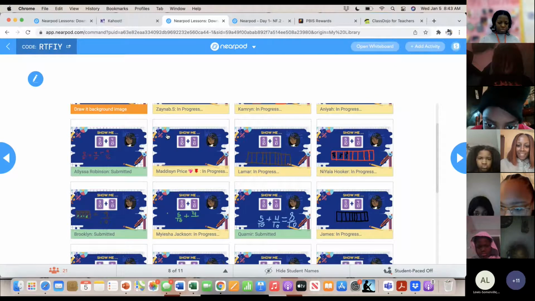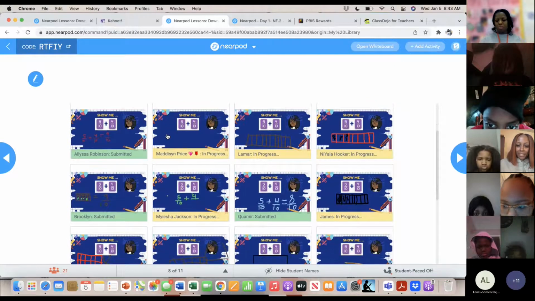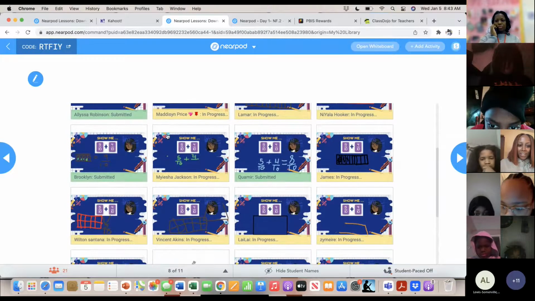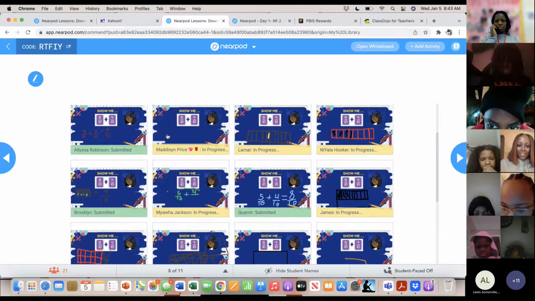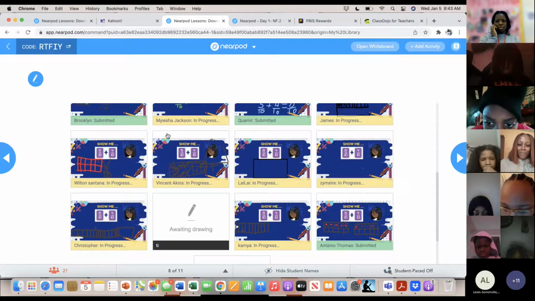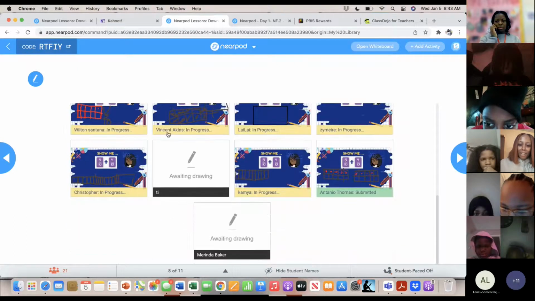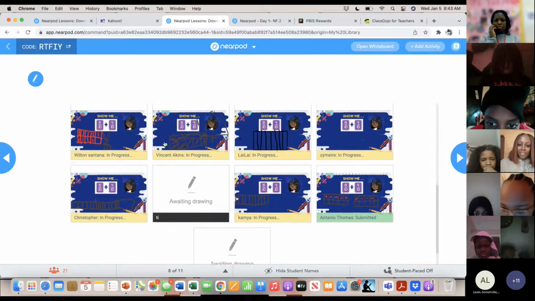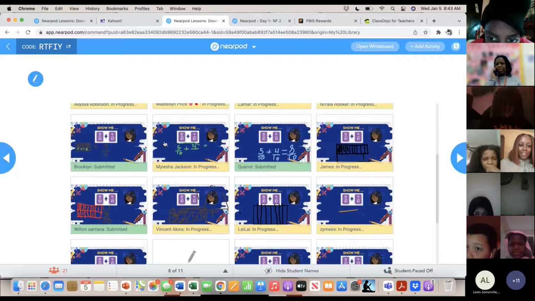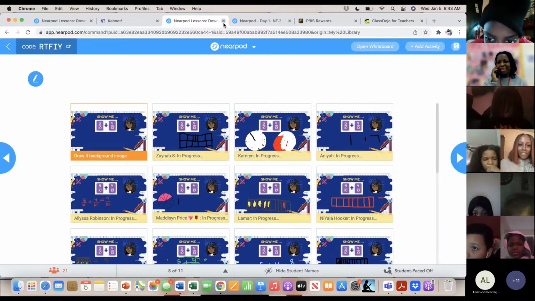All right, now. Nice, off to a great start. Okay, some of us using standard algorithm, some of us using the fraction bars. Good if you're using your fraction bars. Good, Antonio. I love seeing these different strategies.